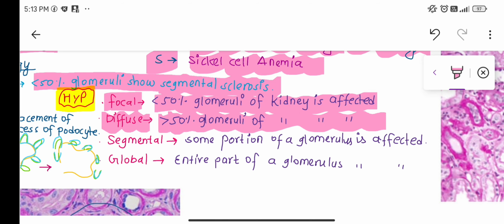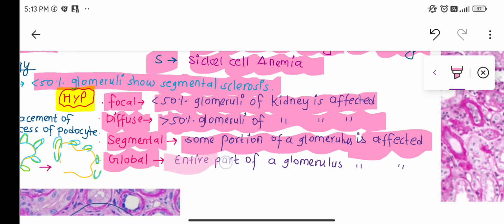So around all the glomeruli of a kidney are affected if there is the diffuse form. If focal, very few glomeruli are affected. Segmental means only some portion of a single glomerulus is affected. And global means the entire glomerulus is affected or sclerosed.